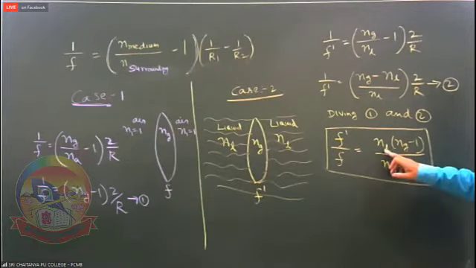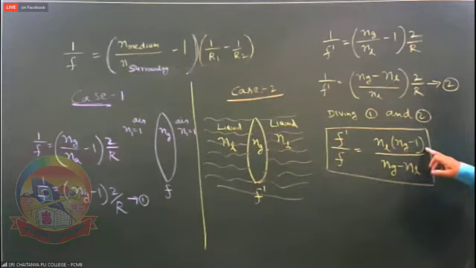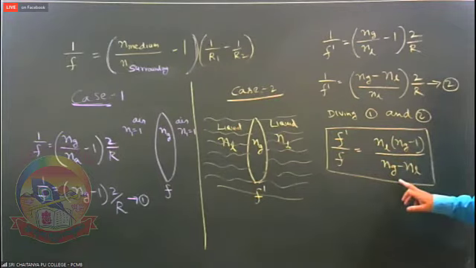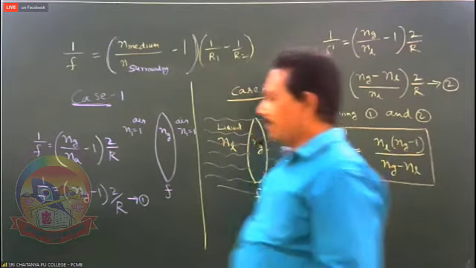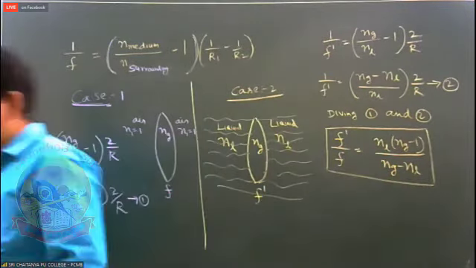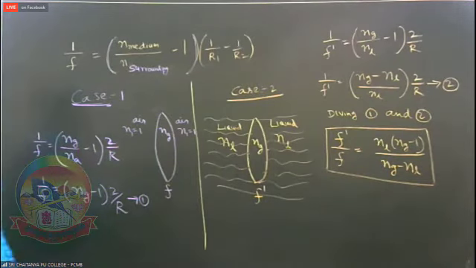So NL into Ng minus 1 divided by Ng minus NL is the shortcut formula for the focal length of the lens when it is immersed in the liquid.